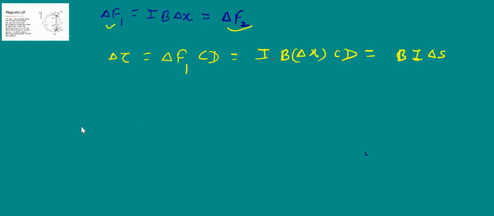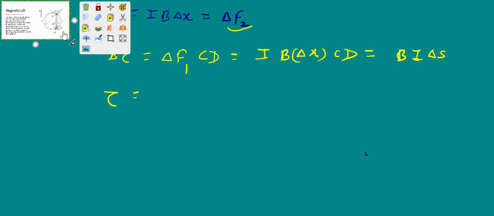And you can see that if we try to find the net torque acting on the ring, we will have to consider the torques acting on the analogous pairs of small segments symmetrical to diameter AB.